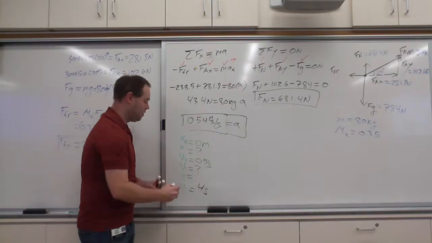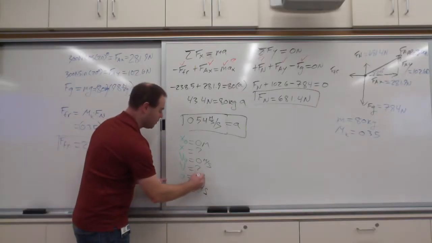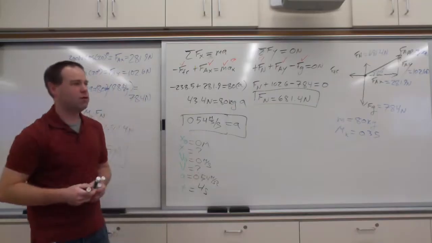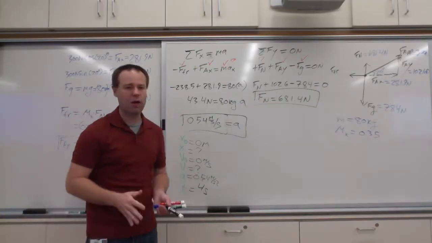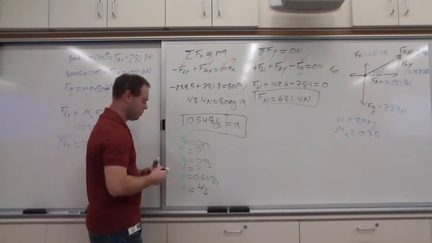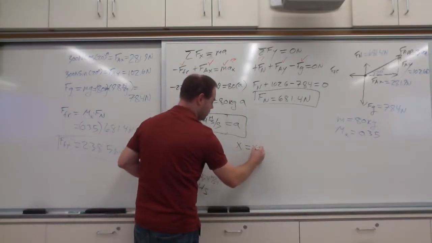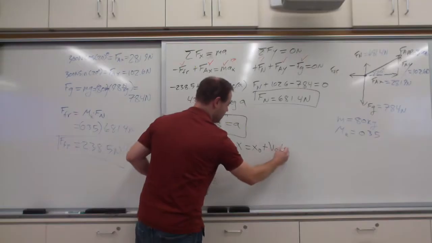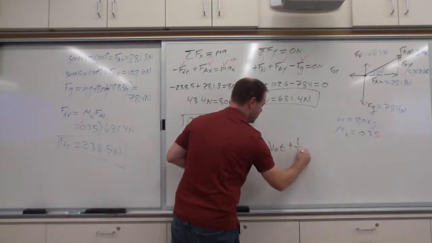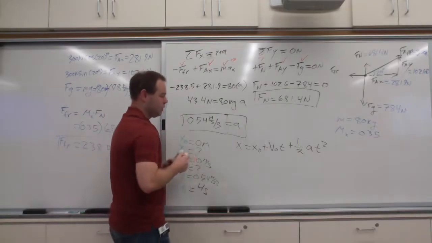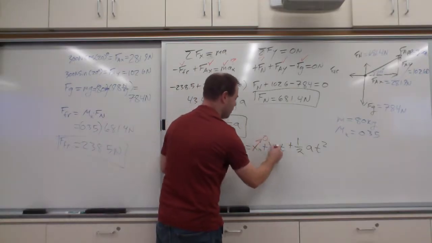Now that we know acceleration, 0.54 meters per second squared, we can use our kinematics equations to solve for that final position. So we can say position final equals position initial plus initial velocity times time plus 1/2 acceleration times time squared. And since the initial position and the initial velocity are 0, those can both go away.